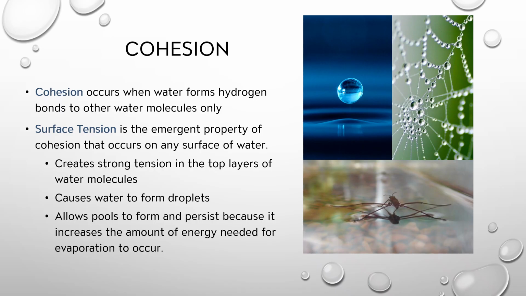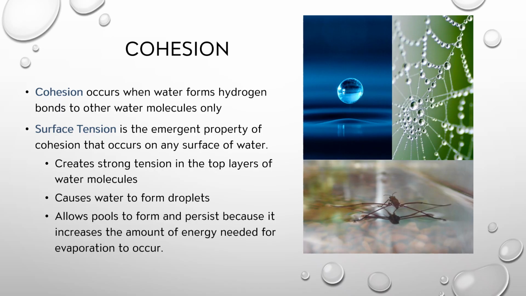So there's an emergent property that comes out of this, and that is surface tension. At the surface of water, water forms some extra cohesive bonds, some extra hydrogen bonds, and this creates a really strong layer of multiple molecules at the top that's hard to break. It creates that strong tension.